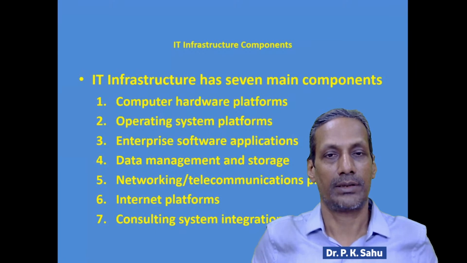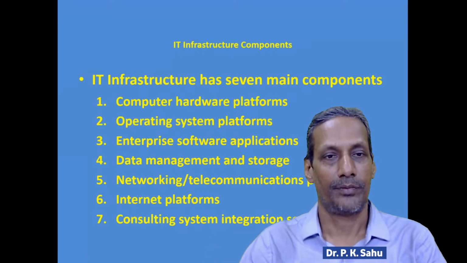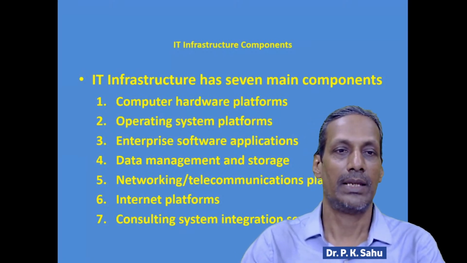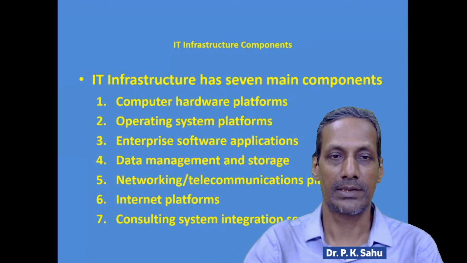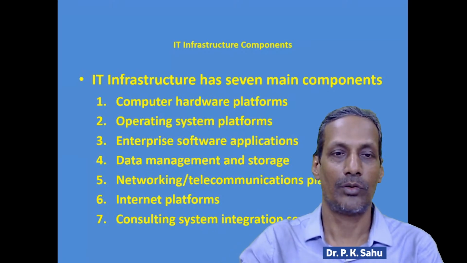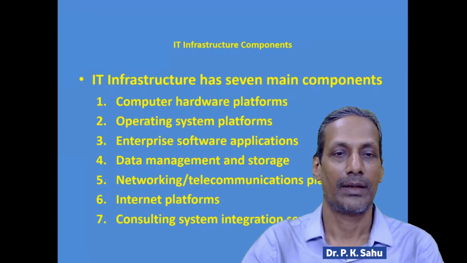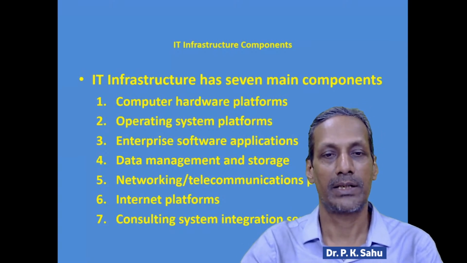IT infrastructure has 7 main components. First is the computer hardware platform. Then on that platform, you have the operating system platforms. On top of that, you have the enterprise software applications. Along with these platforms, you have the data management and storage.